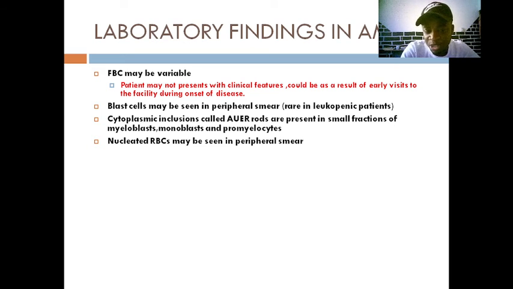Remember, the RBC also has the central pallor, but the nucleated RBC has a nucleus that takes up the stain. That's the only difference. So the nucleated RBC will stain, while the RBC will not stain because it doesn't have a nucleus to pick up the stain. You understand that? Good.